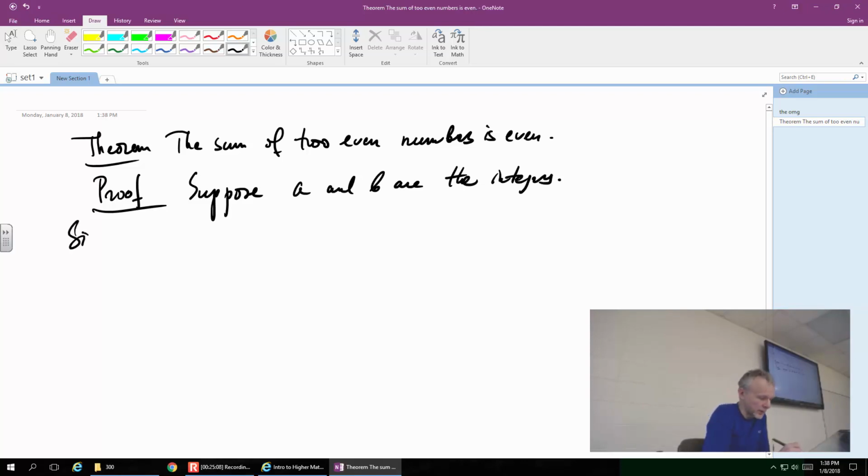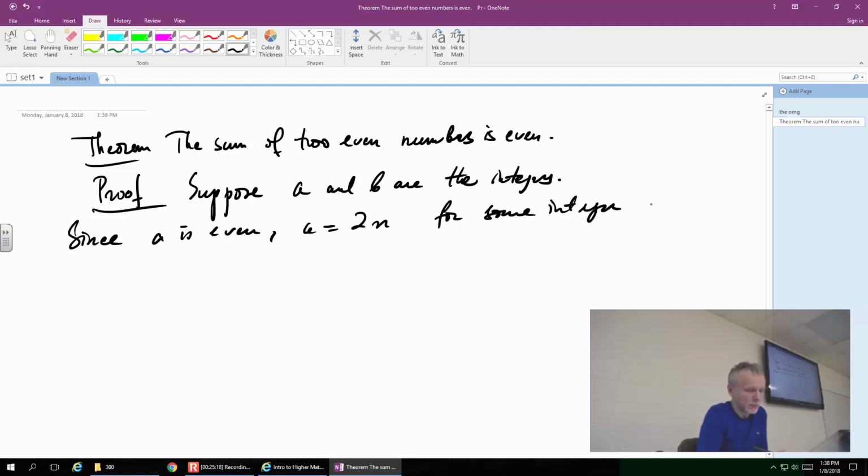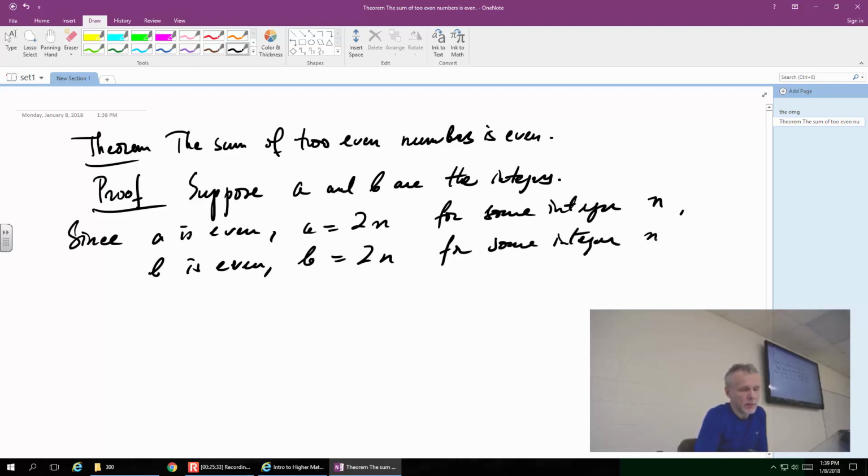Since A is even, A is equal to 2n for some integer n. By the way, they could be negative. Now, B is even, so B is equal to 2m for some integer m.